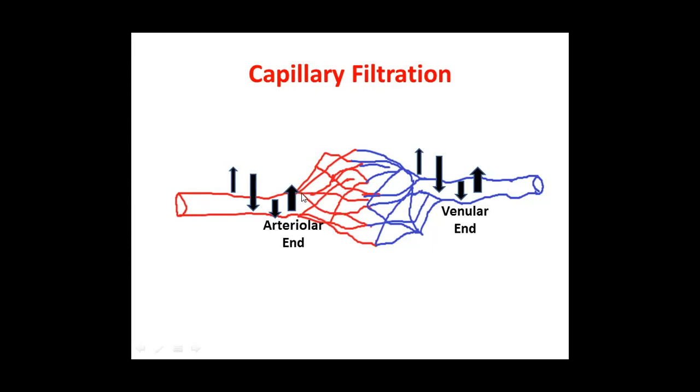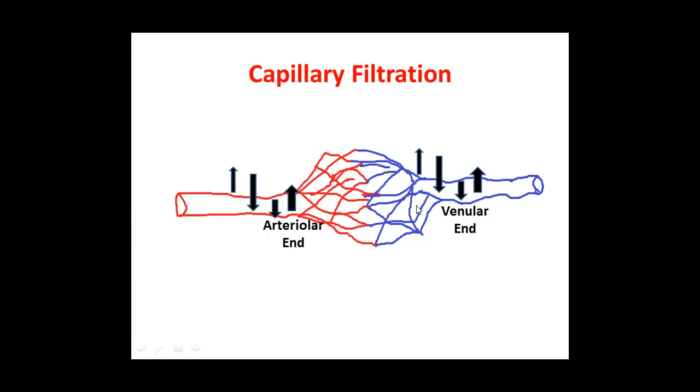At the arteriolar end, the net filtering pressure is plus 16 millimeter of mercury. At the venular end, it is around minus 14 millimeter of mercury. So fluid is moving out of the arteriolar end of the capillary, and fluid is getting inside the capillary at the venular end. So this is the mode of operation of capillary filtration in any ordinary capillary.